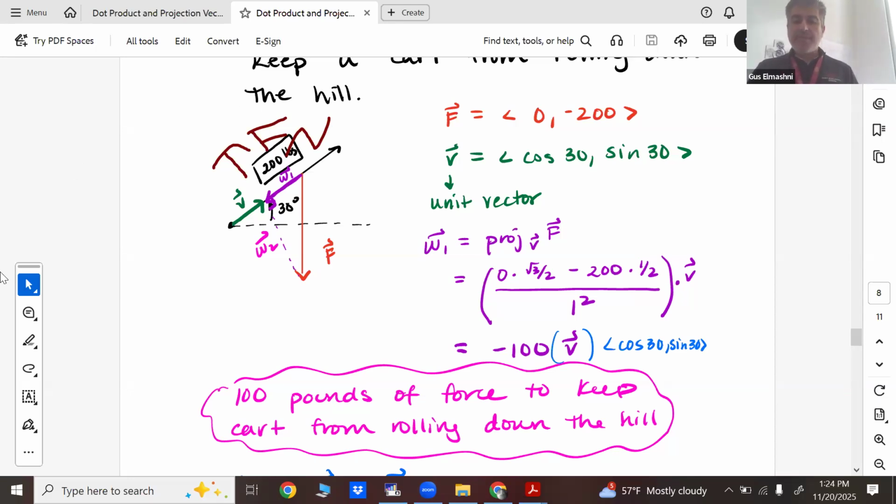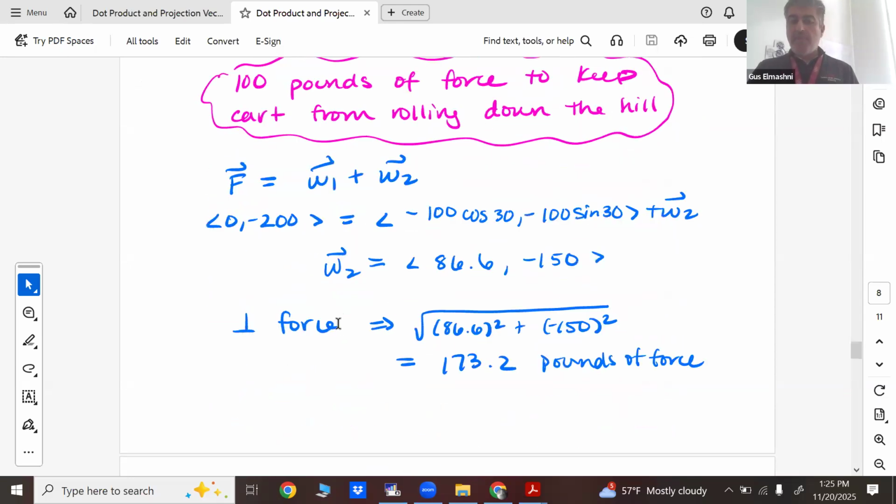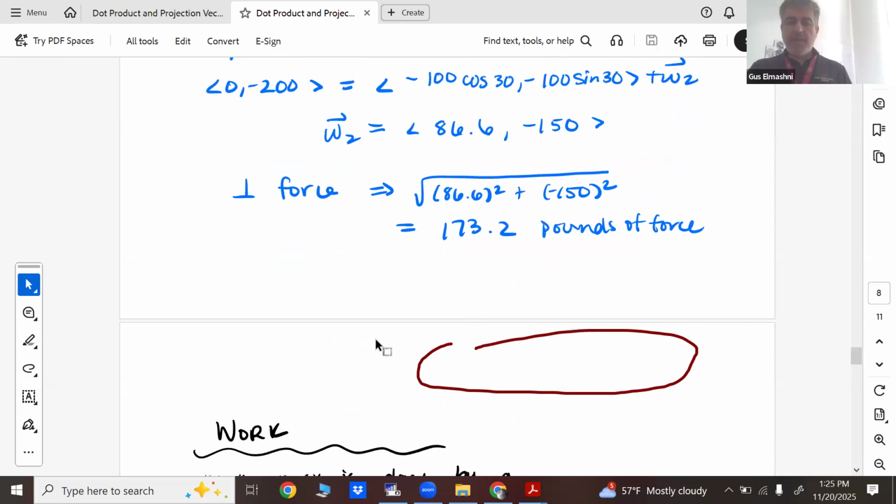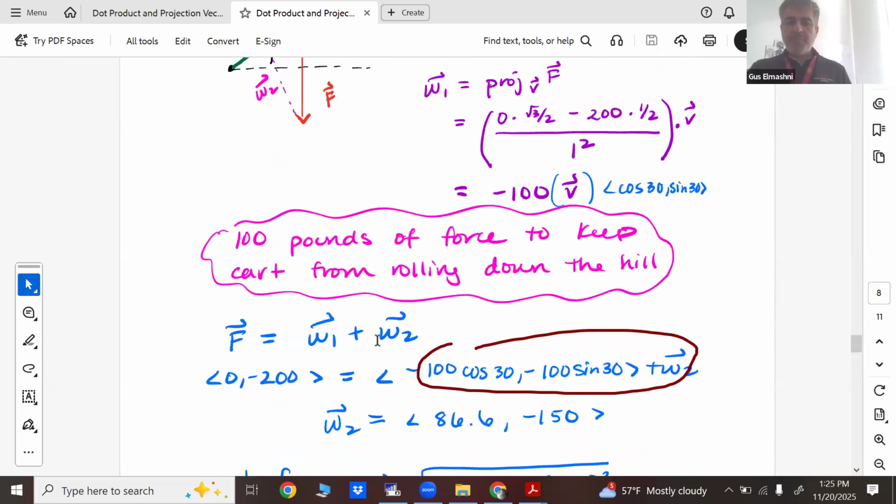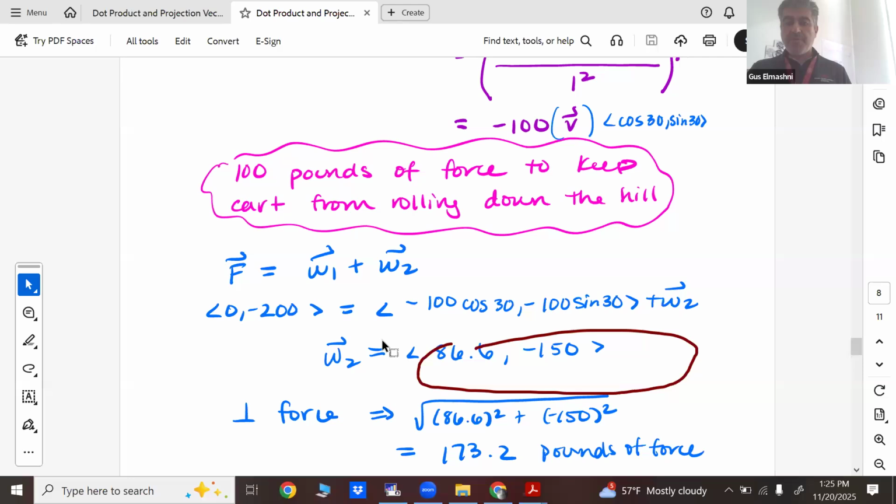So that's why we have all these vector things to learn. To solve for W2, that's easy: subtract W1 from F. Once you get W2, you can find the perpendicular force, and that's 173.2 pounds of force. That's how I'm working that one out, and that's one example of how we use projection vectors.